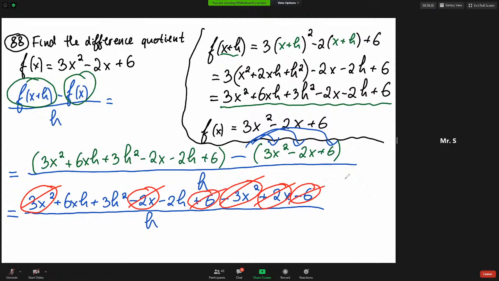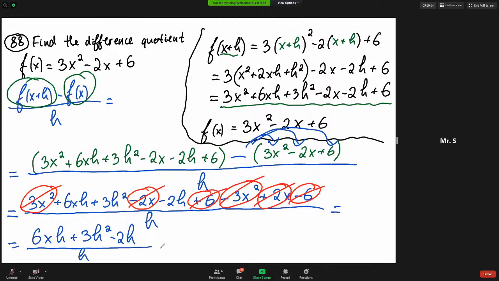So all the terms that did not have an h, we were able to cancel out, leaving me with 6xh plus 3h squared minus 2h over h. So I'm only left in the numerator with terms containing h.